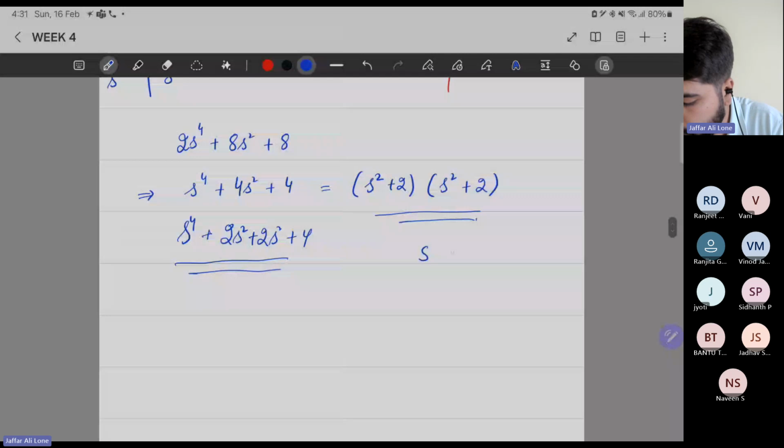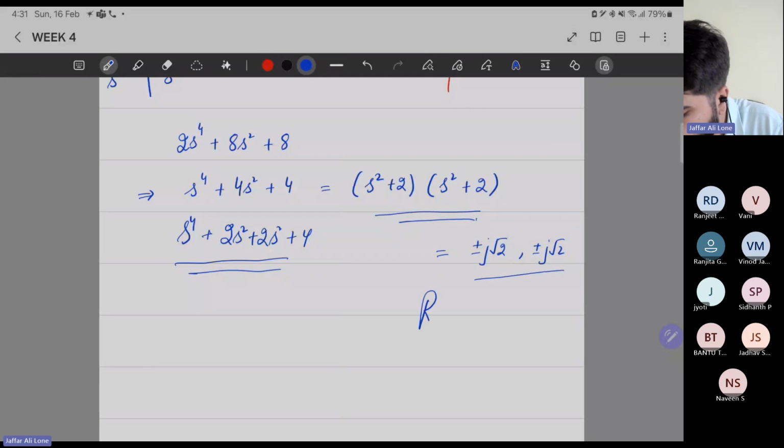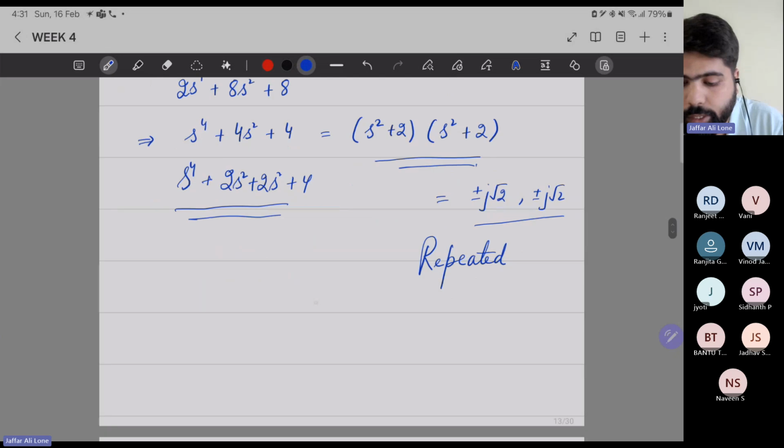So the roots will be plus minus j root 2 comma plus minus j root 2. The four roots are repeated and they are on the imaginary axis. It implies my system is unstable.